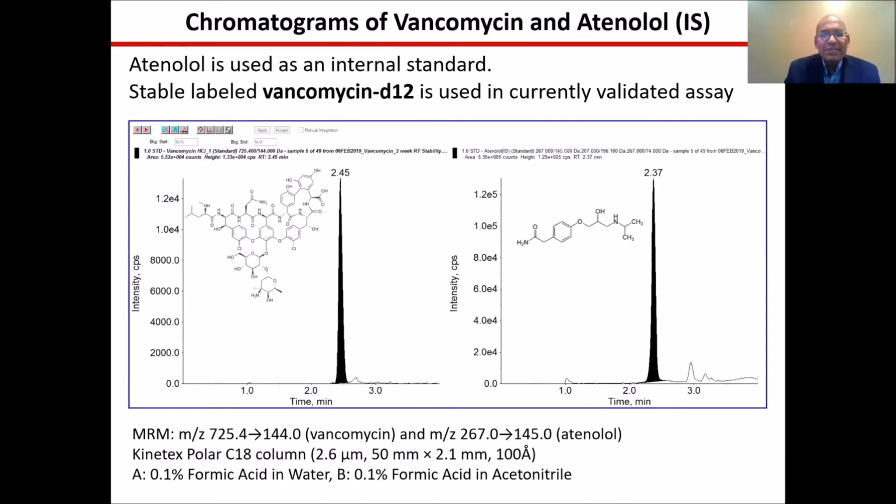This is a representative chromatogram of the parent vancomycin drug on the left side, and an internal standard compound, atenolol, on the right-hand side. In the beginning of the study, we started with atenolol. However, we were later able to receive vancomycin D12, which served as a much better internal standard because it's structurally identical, and it provided much more robust data.